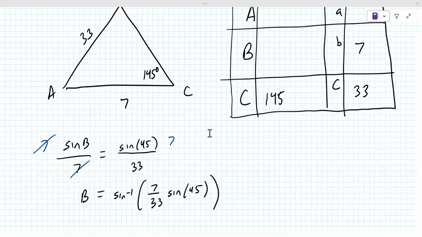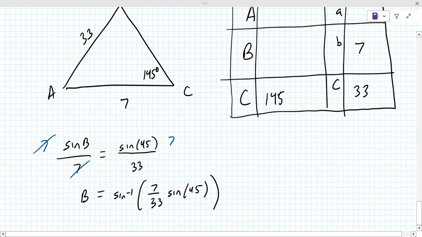8.6. Let me double check here. Did I give you the right values? 145, 33. Yeah. Okay. Are you rounding as you go, or are you putting all this into the calculator? All into the calculator. Okay. I ask because I'm trying to figure out why we're different here.